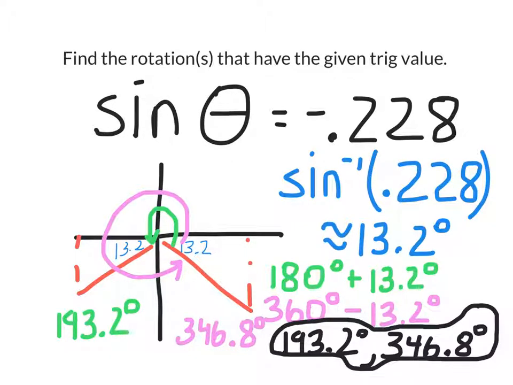Therefore, my two rotations where sine of theta equals negative 0.228 are 193.2 degrees and 346.8 degrees.